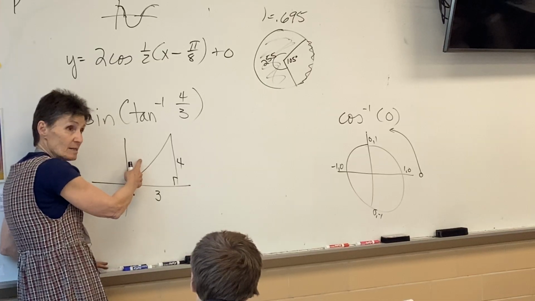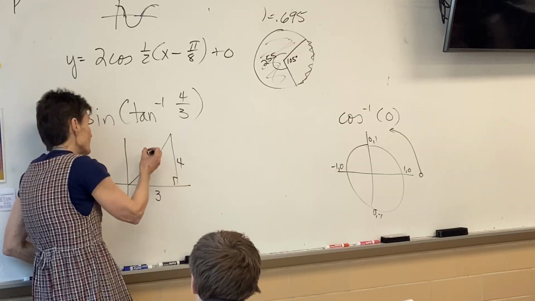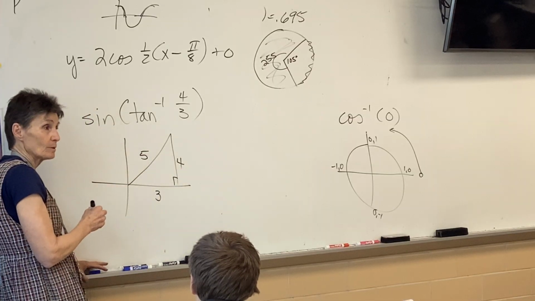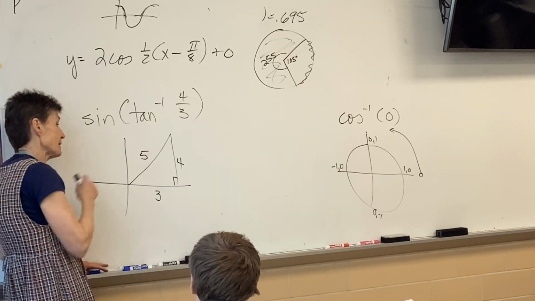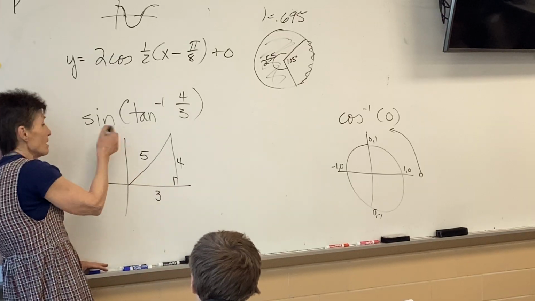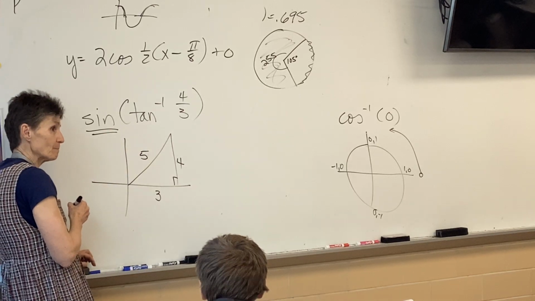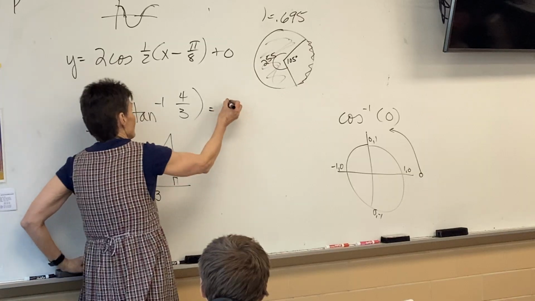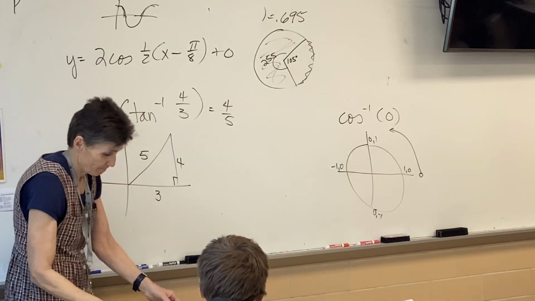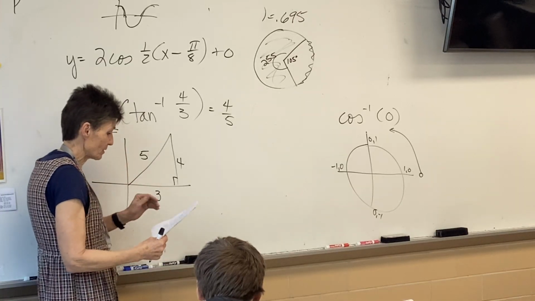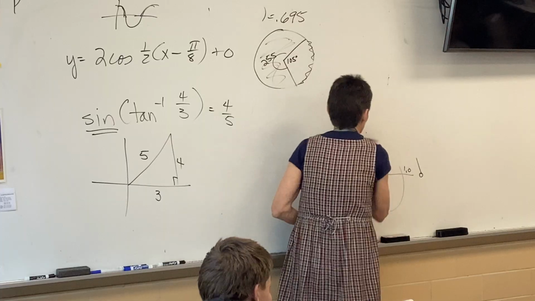I can find this. A squared plus b squared is c squared. So it's 5, that's a 4, 3, 5 special triangle called a Pythagorean triple. I still don't know that angle, but it's okay, because what I really want to know is the sine, and the sine is opposite over hypotenuse. I think we're done. No, we're not done.